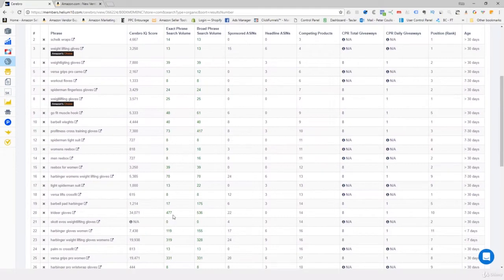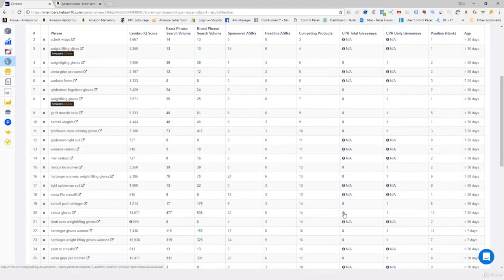So this one automatically shoots out. This is a brand name, but let's just disregard the keyword right now for this example. 477 searches a month, 14 competing products. Meaning, if you sell 8 units total for this one keyword, you're going to be ranked on page 1.